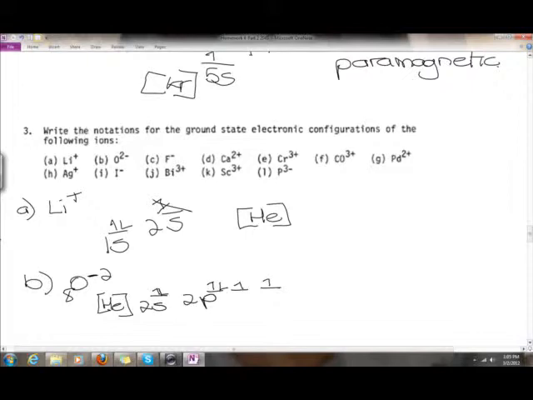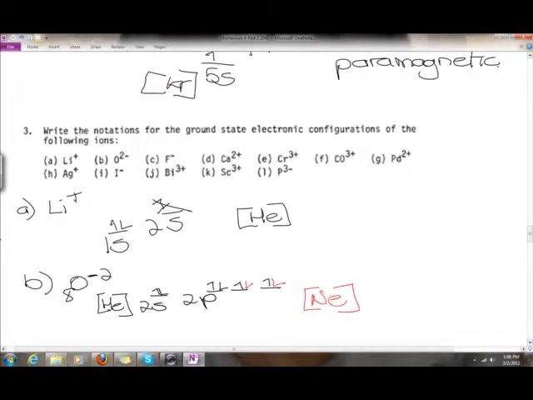What happens if we add 2 electrons? I should put it in red. 1 and 2, because it's oxygen minus 2. This is what happened with me. I got confused taking out. So I put at the end the electron configuration of the noble gas after oxygen. And what would be the next noble gas? Neon.